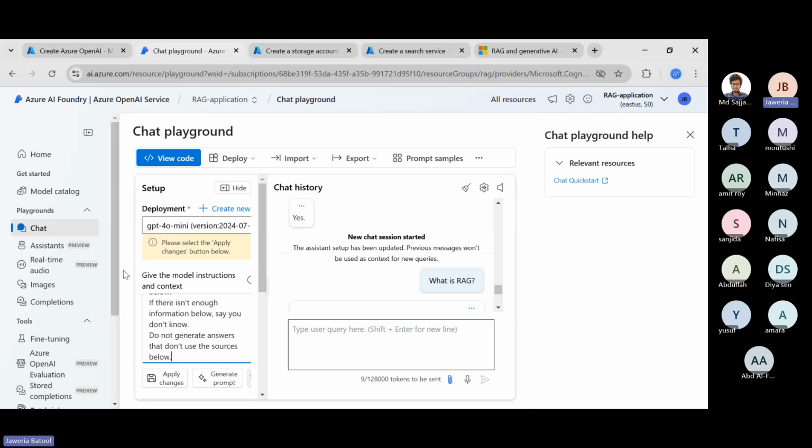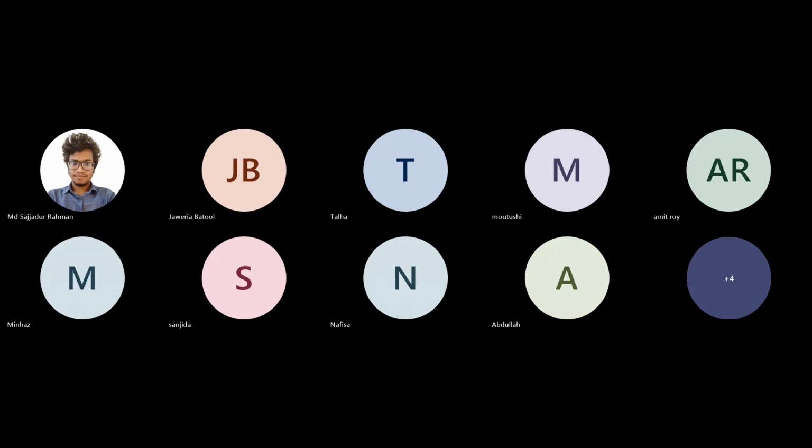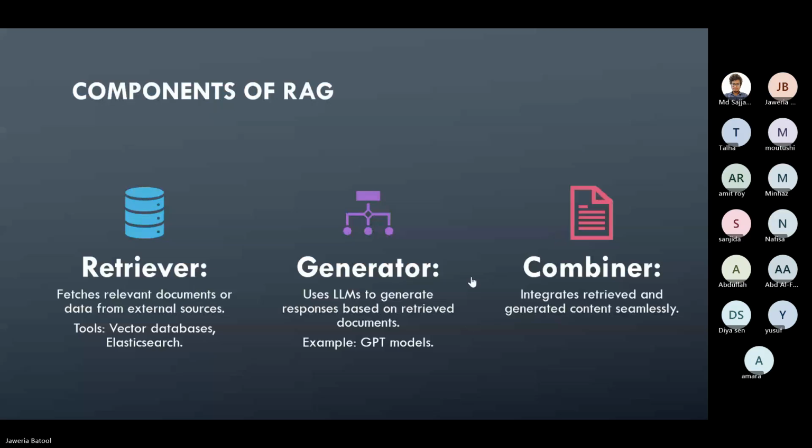Okay, let me just share the other screen with you guys. So this was the basic component of RAG which we saw: the retriever, which was retrieving the documents, the generator, which was the model that we were using, and the combiner.